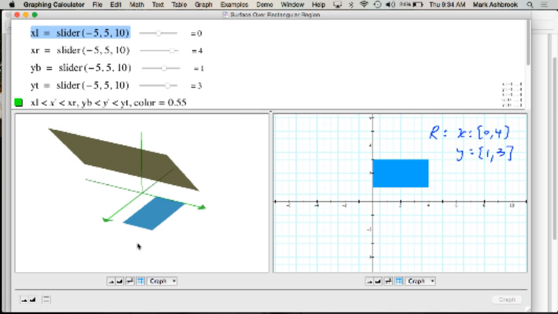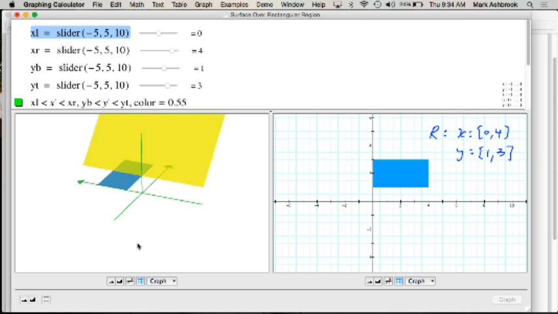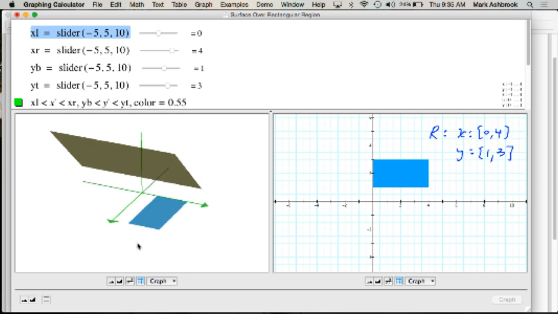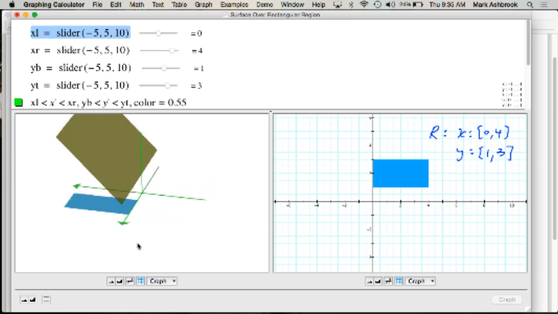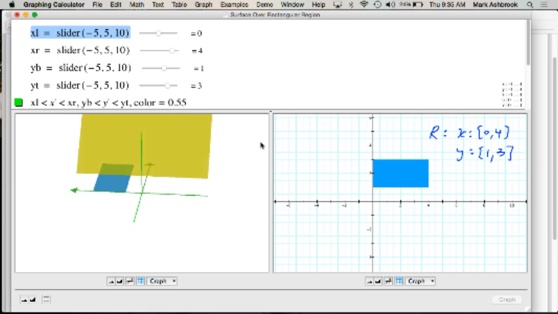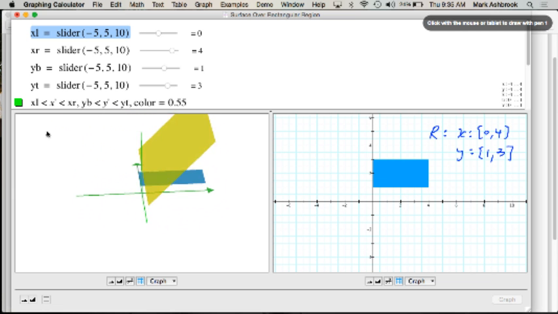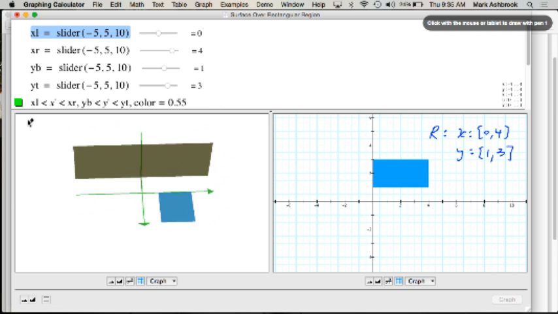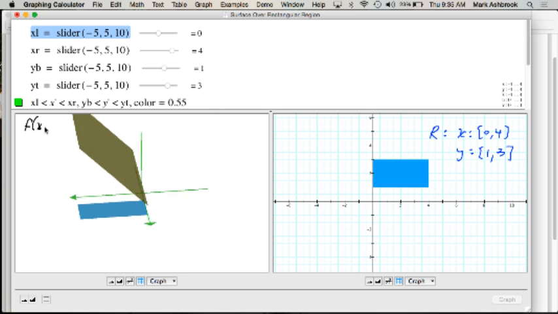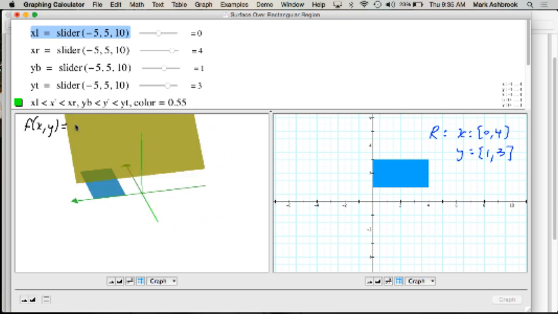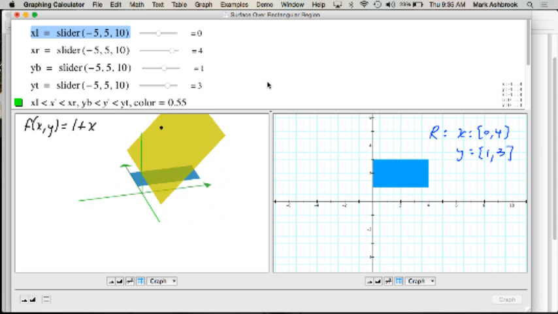So let's give this a spin so you can see what's going on here. I want to talk about the double integral of the function 1 plus x over this region R. So f of xy equals 1 plus x. That's what we're talking about.